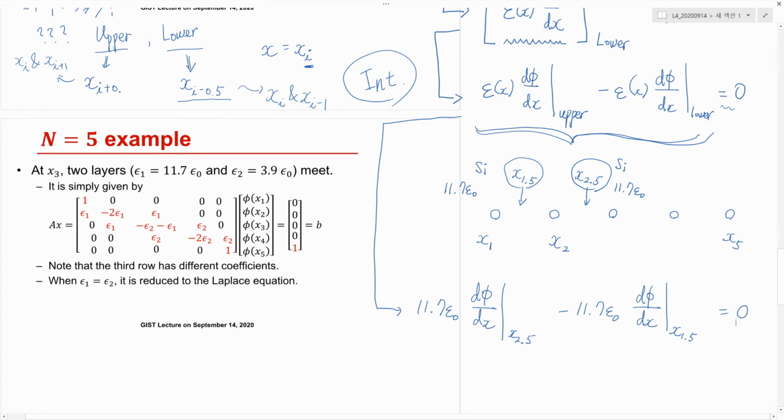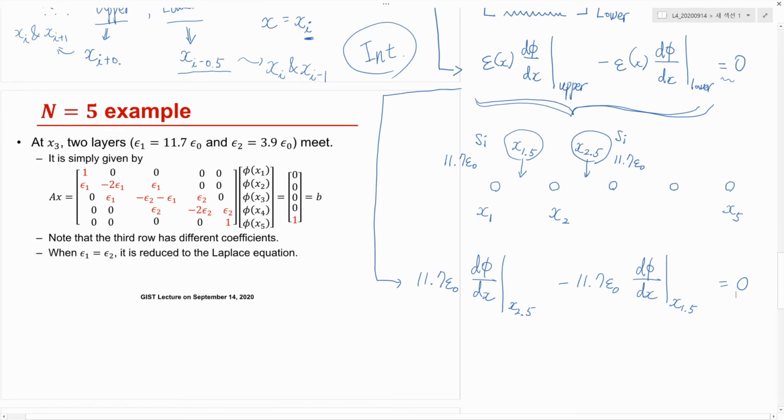And since this epsilon naught is shared by these two terms, the first term and second term, we can easily eliminate it. Okay, so we have just eliminated it, and now we have to introduce the discretized form of our first derivative defined at x sub 2.5. How can you do that?